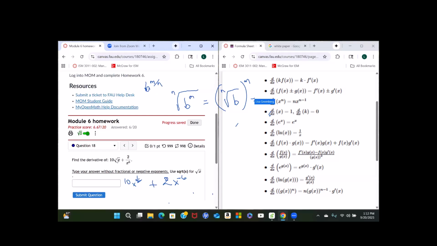Those are all equal. That means this is x to the 1/2 power and x to the -6 power. And then when I take the derivative of this, what do I get? I just use my power rule. It works for fractions, it works for positive and negative, it works for anything.